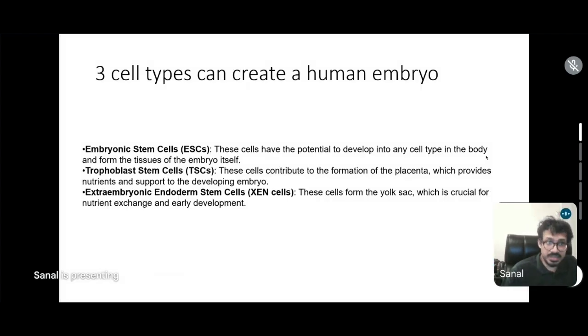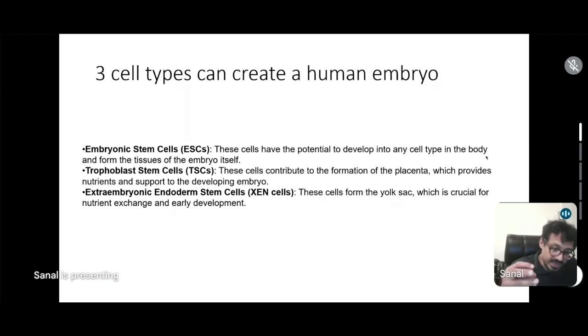Three types of cells can create a human embryo: the embryonic stem cells, the trophoblast stem cells, and extraembryonic endoderm stem cells. If you mix all the three types of cells, you can make an embryo, which has the potential to grow into a full baby, perhaps, or a full organism.